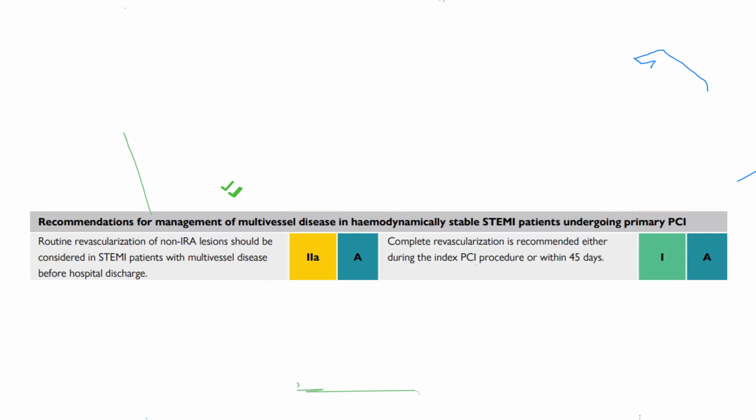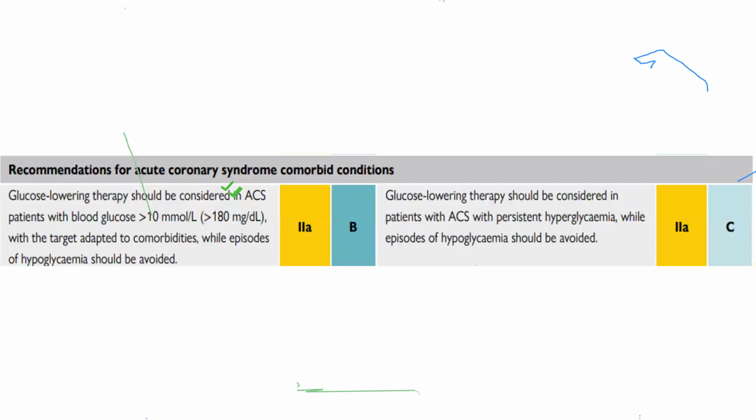But now, based on the current research that has been done, it's been moved up to a class 1 recommendation to revascularize the non-infarct related artery within 45 days post the index PCI.